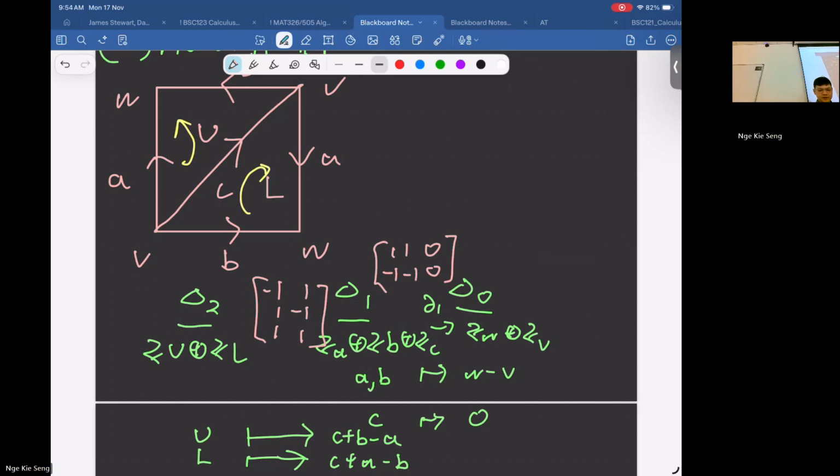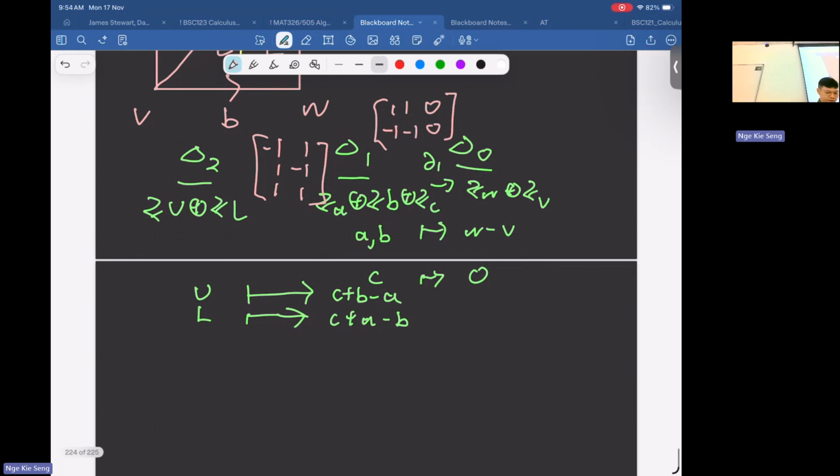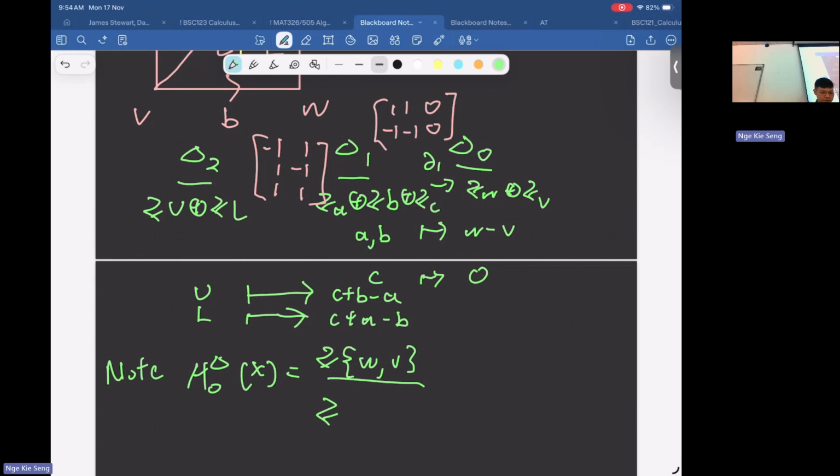Okay, so here there's some tricky things happening. So let me write down here. For H0, you have Z of WV over Z of W minus V, because there's a non-trivial image now for delta 1. But obviously, you can do change of basis, right?